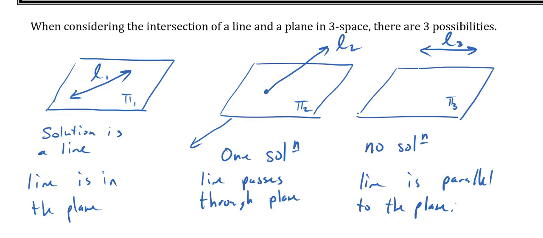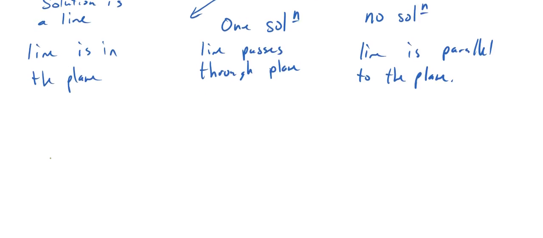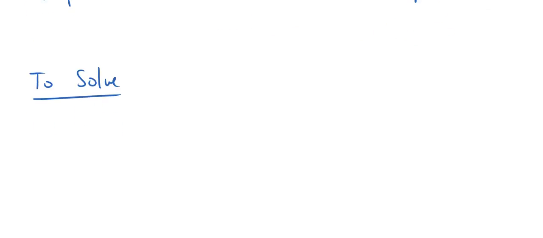Now, as I said, it turns out this is actually a really simple process. You might think it would be harder working with a plane than working with two lines because planes are more complex. But it turns out there's a very easy way to solve. So we want the parametric form.